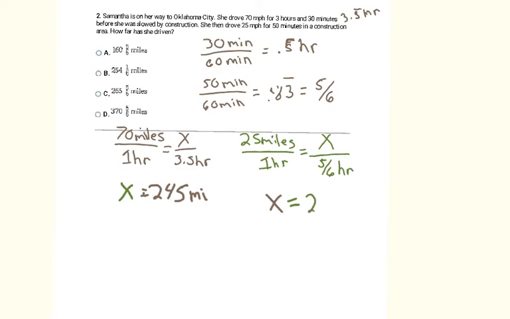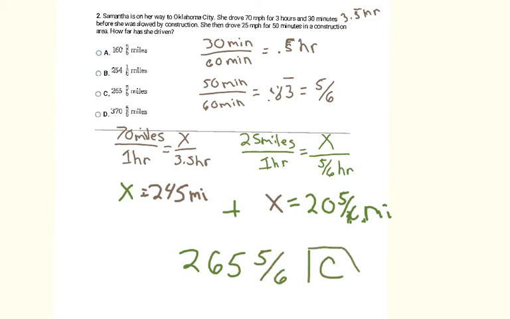That's going to be 20 and 5/6 miles in the construction zone. To find her total miles, you're just going to add those two together. 245 plus 20 and 5/6 is going to be 265 and 5/6, which is the answer C.